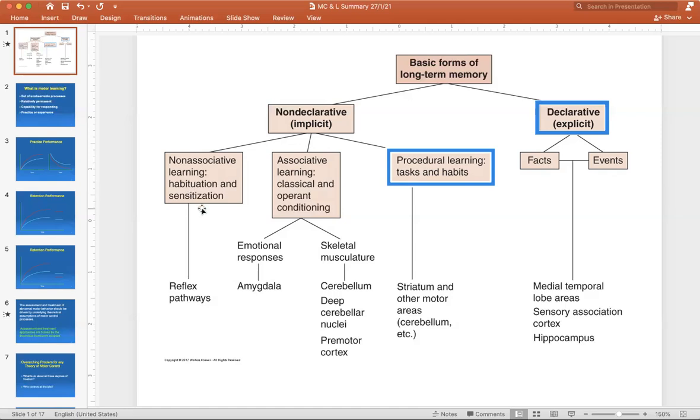Then sensitization is when the more time people are exposed to that stimulus, the worse it gets, and we don't really use that in physical therapy.